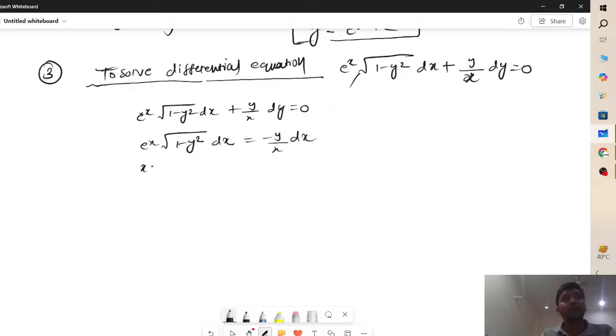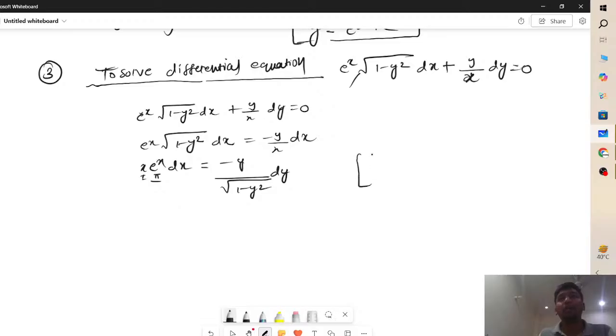And this can be written as x e^x dx equals minus y under root 1 minus y square dy. Okay, now we start integrating this, and we assume this as 1 and this as 2.